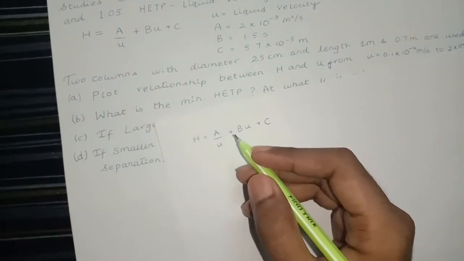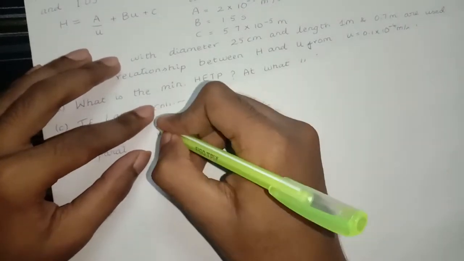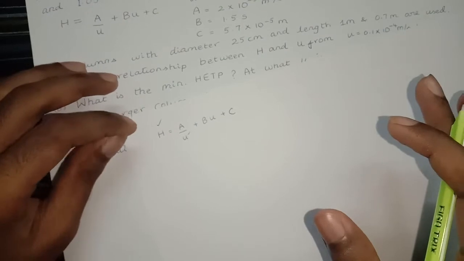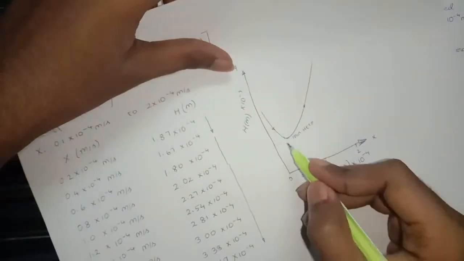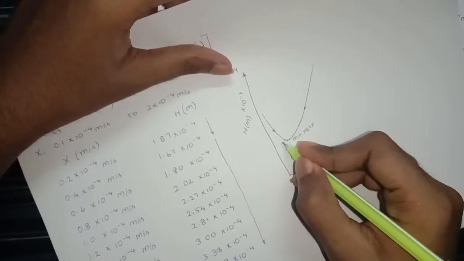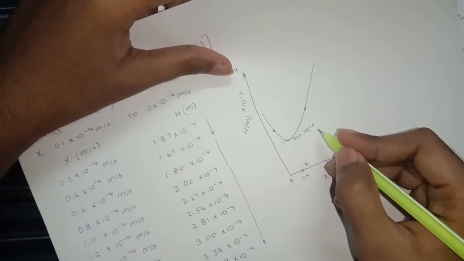We all know plotting this against u will give a curve. We can draw a tangent to this curve at this point, and we can find the slope of the tangent to the curve is 0.